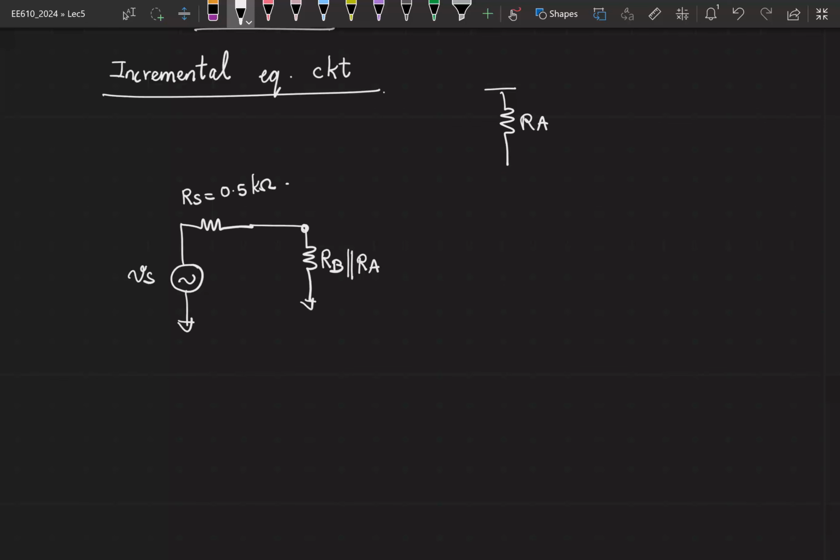So you had RA from this point connected like this. In the incremental circuit, this gets grounded, which means that is coming in parallel to RB. Then you have the transistor. Current through this transistor is GM times whatever is the voltage appearing at the gate. And what is the value of GM?